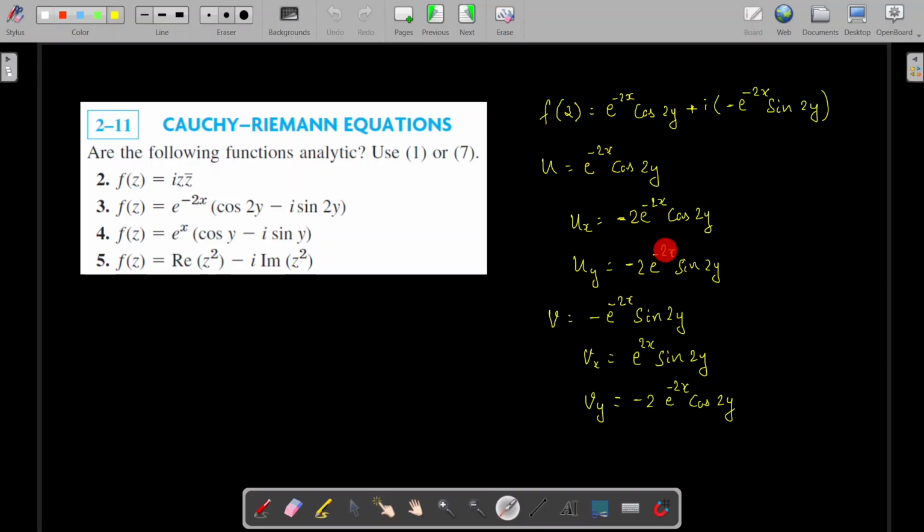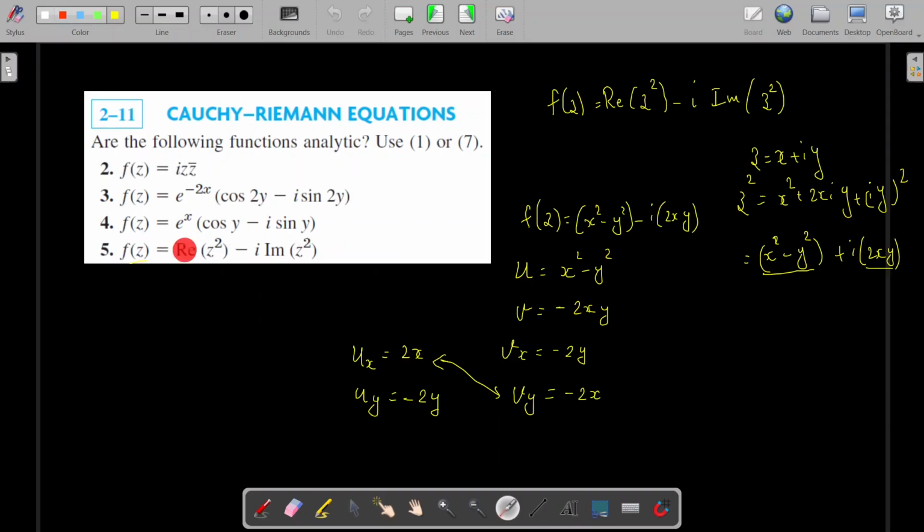So e raised to minus 2x into the derivative of cos 2y is minus 2 sin 2y. Similarly, v is equal to minus e raised to minus 2x sin 2y. Let's find vx and vy, and you can see that ux and vy are equal. Ux is equal to vy and uy equal to minus vx. Therefore, here u and v satisfy the Cauchy-Riemann equations. Therefore, the corresponding function is analytic.